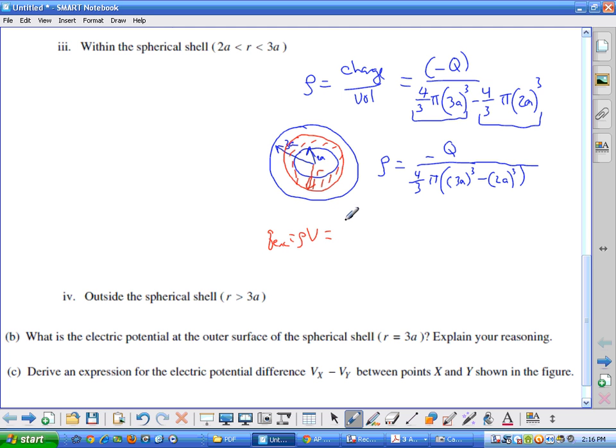So this is going to be the charge density, which we had here, negative Q over 4/3 pi times 3a cubed minus 2a cubed. And then my volume of that red region is 4/3 pi times r cubed minus 2a cubed.